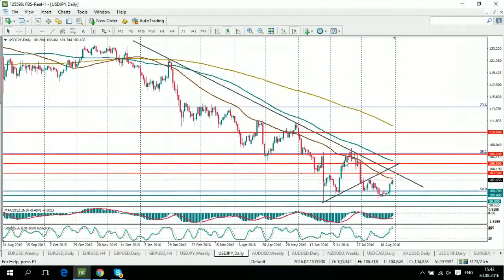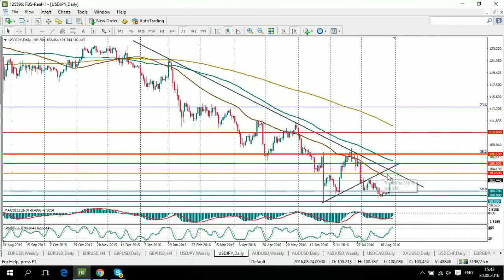On the daily chart, we can see that the pair continues to grow. It is maybe getting a bit overbought at high levels, but there is still a possibility to rise to the levels of 103.50 and 104.